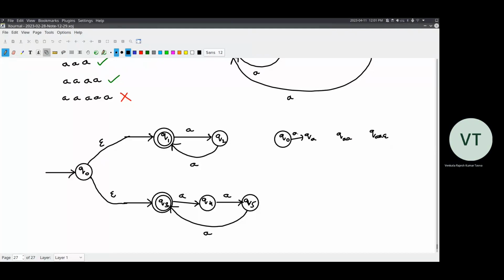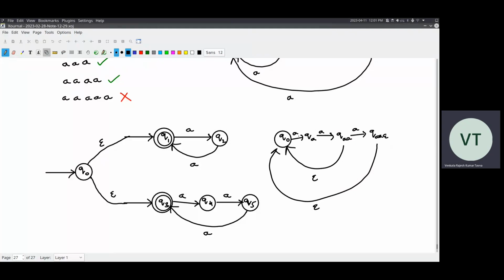Then, okay. And this on A. All right. This will also accept 5 A's, no? 1, 2, 3 comes back. 1, 2 comes back.